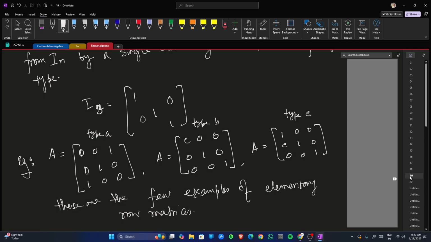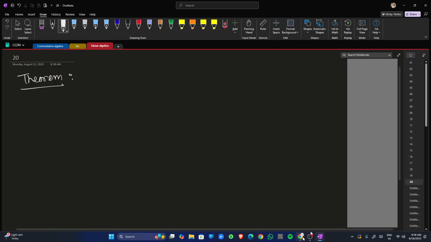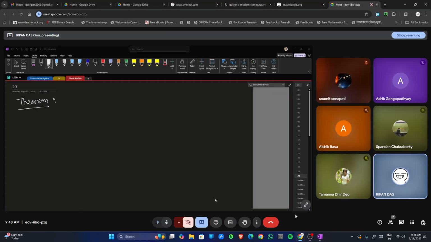Elementary row matrices. Right. Okay, so do you know what you mean by generator of a group? You all have learned group theory, right?